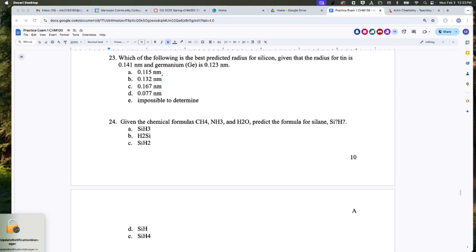But particularly in a practice exam situation, what I'll get people doing is going up and looking up the radius. That's not at all the point of the question, because you're expected to do this question on your own without the internet. So how do you do that? Right, so if we're going through and looking at this, we're talking about silicon, we're talking about tin, and germanium.